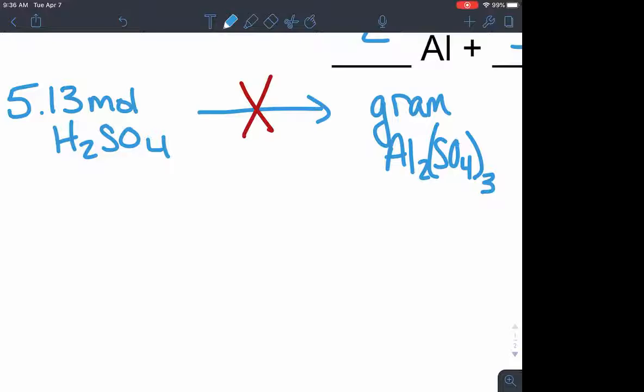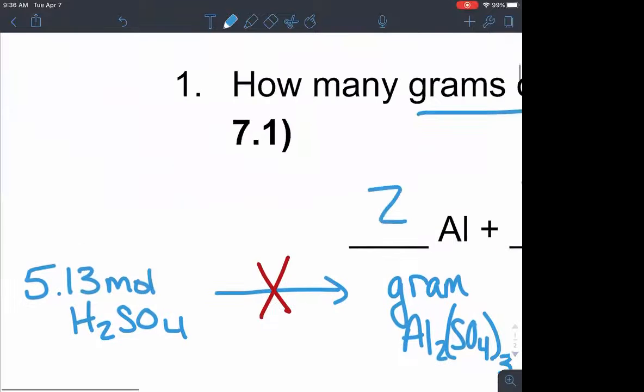Do you guys remember? No, I don't remember. Joe, Daniel, do you remember? Nope. No? All right. From before break, when we started with moles of something, we had 2 options.